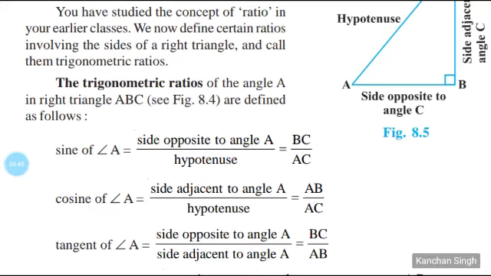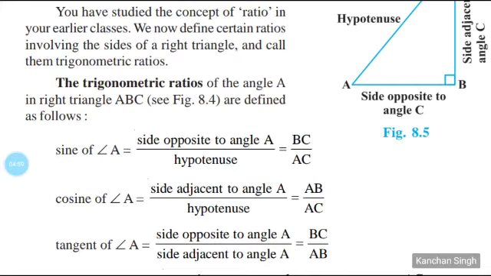If you understand these three, then the rest three you will be able to write by yourself. The opposite of sine is cosec, of cosine is sec, and of tan is cot.